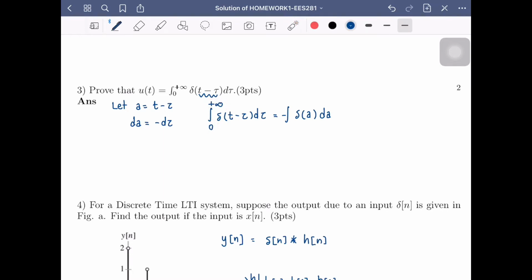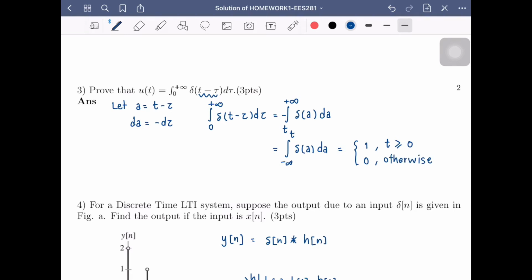Now with the dA, we have t to plus infinity, and then we take the minus sign, so we got minus infinity to t of delta(a) dA, which is equal to 1 when t is more than or equal to 0, and 0 otherwise.